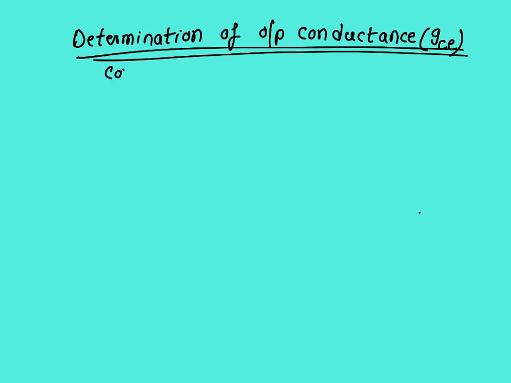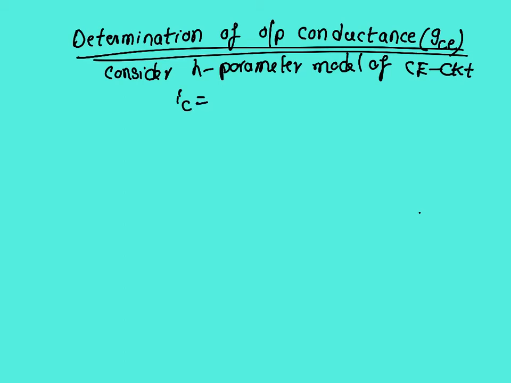So consider the h-parameter model of the CE circuit. From that circuit, IC can be written as hfe into IB plus hoe into VCE.